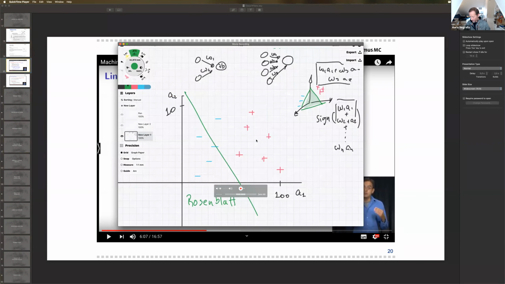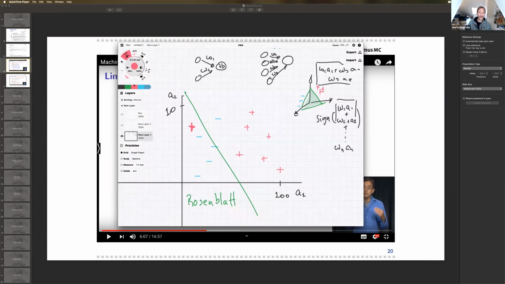So for example, if this is the line we have and we add a new data point here, let me make it a thick data point. If we add a new data point over here, then what should we do to bring the separating hyperplane to the right place?